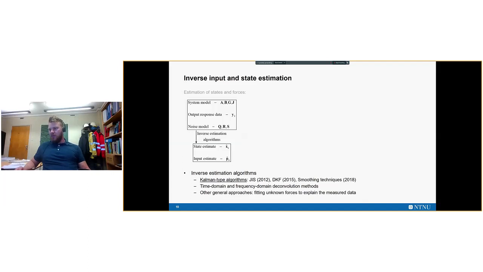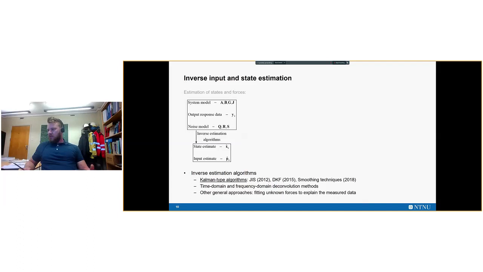And to do this, we apply a range of different algorithms that are available for this. We in our research group focus on what's known as the Kalman type algorithms, and later you will see this denoted as JIS or DKF, or smoothing techniques or smoothing estimates.